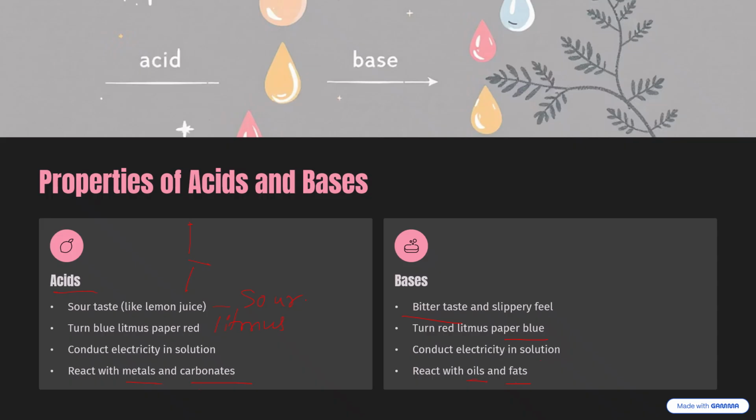Acid is sour, khatta, whereas base is bitter, kadwa. Litmus paper turns from blue to red for acids, and reverse from red to blue for bases. Both conduct electricity in solution.